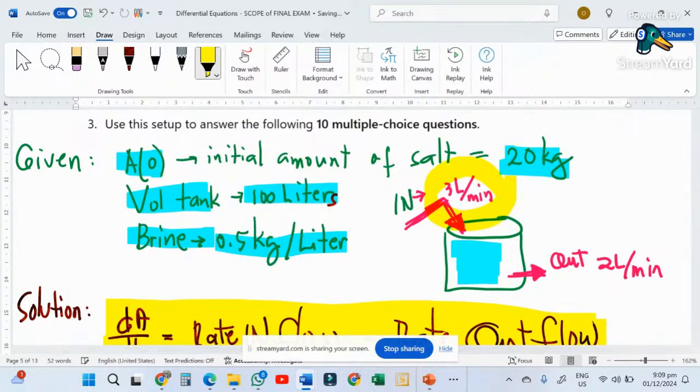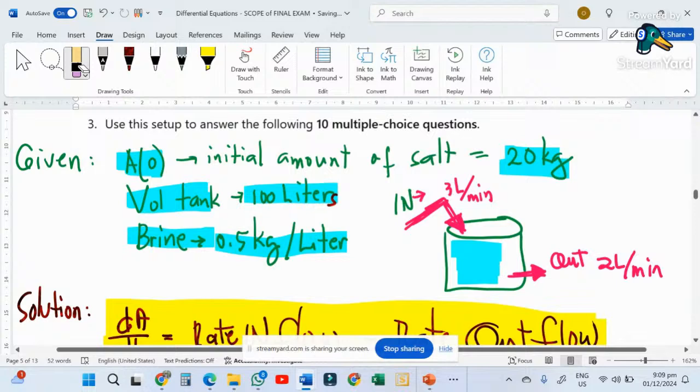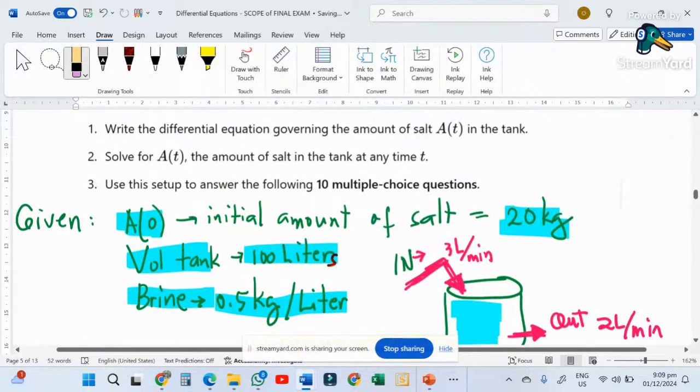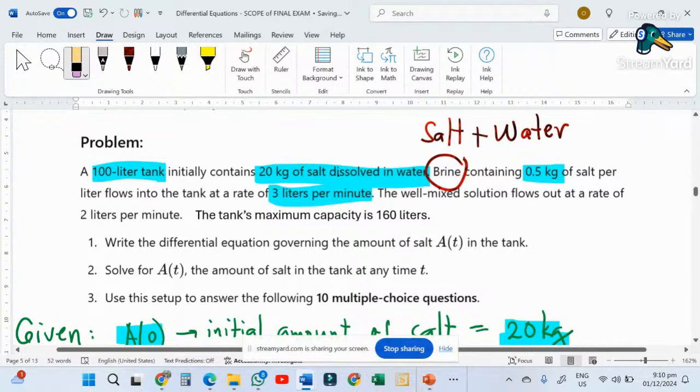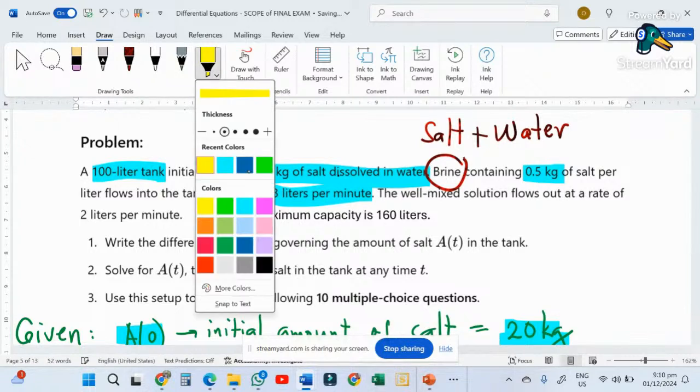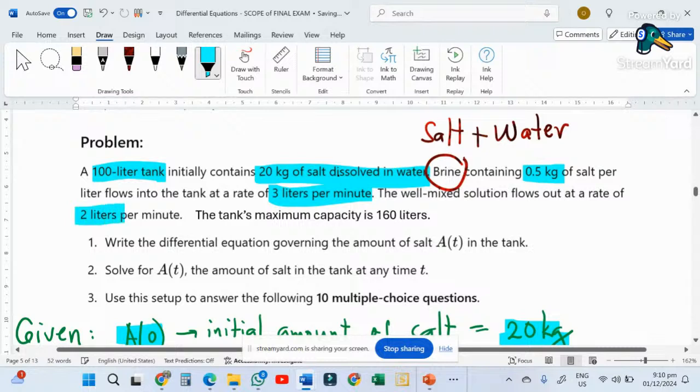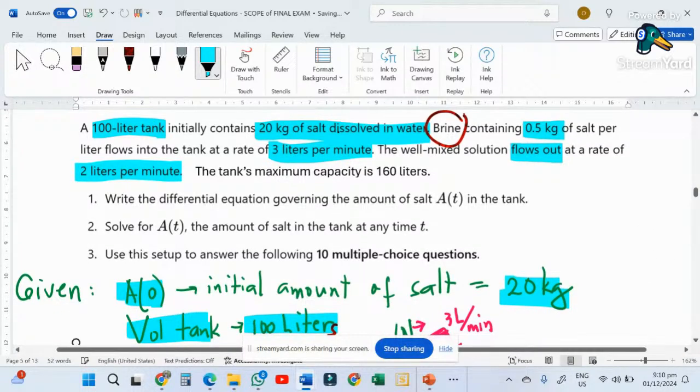I am just going through the problem statement. It says further that the well-mixed solution flows out at a rate of 2 liters per minute. So that is the outflow. The inflow is 3 liters per minute. The maximum capacity of the tank is 160 liters.